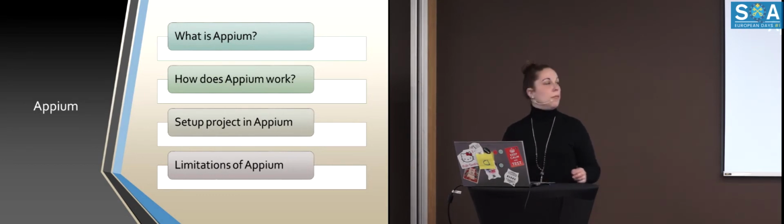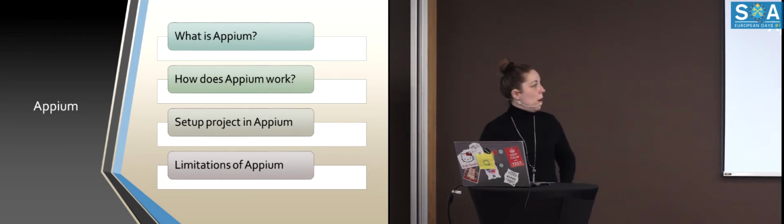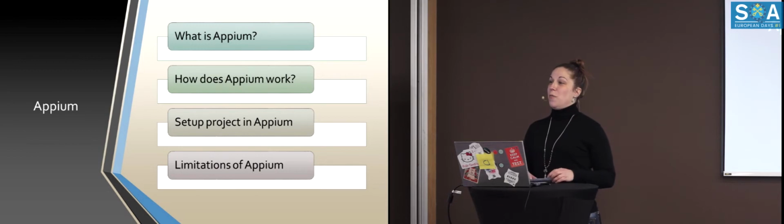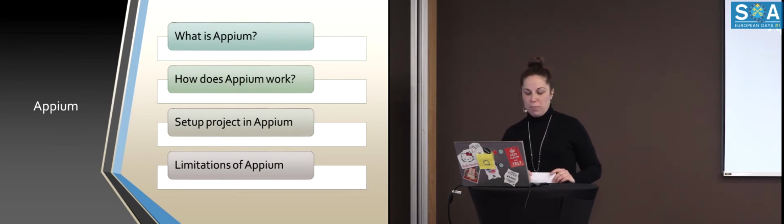So we can also talk about limitations of Appium. I think most of you who worked with mobile testing will agree that setup is very heavy, and for iOS I think heavier than for Android. Also I found a problem with image comparison.